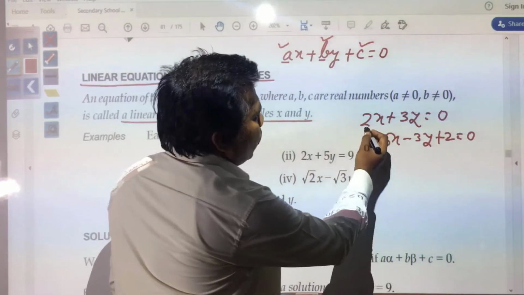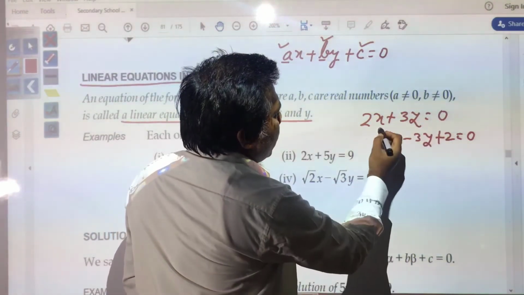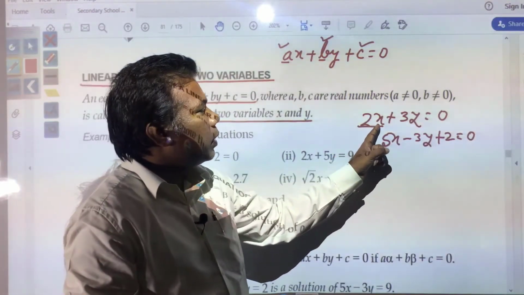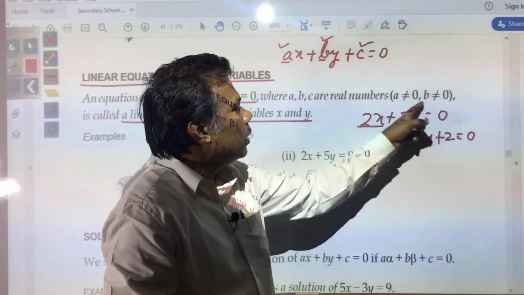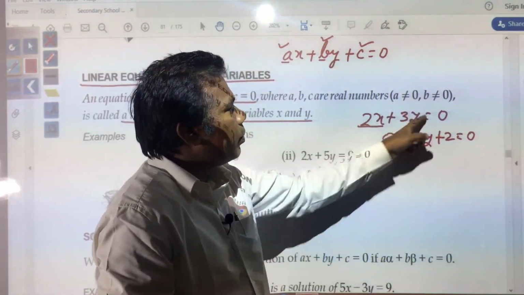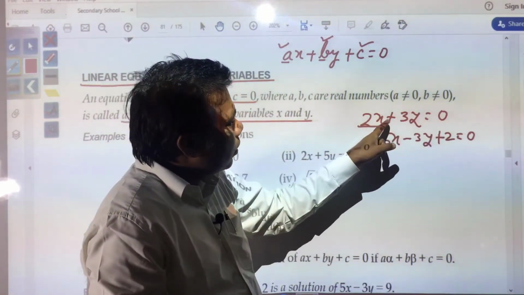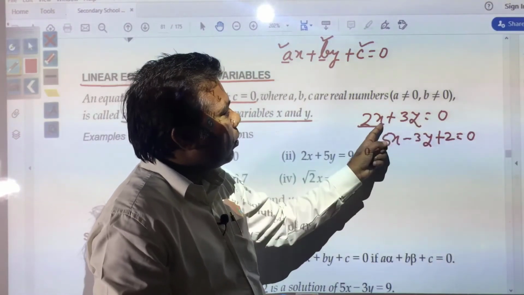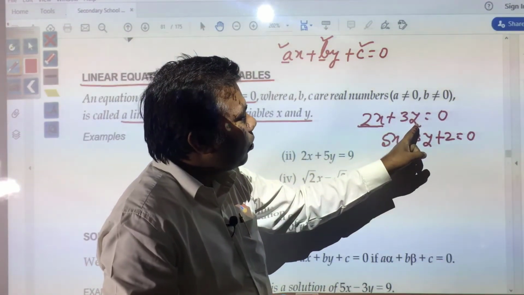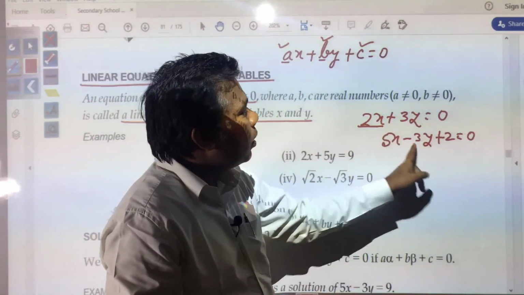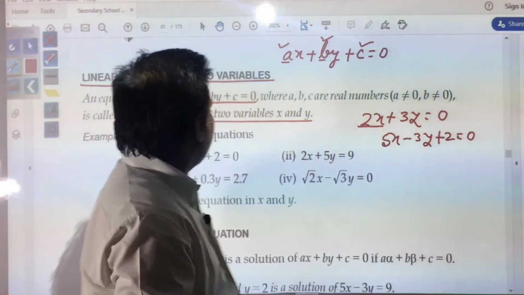Suppose you are writing 2x plus 3y is equal to 0, it means now you do not know what values we will put for x and y so that when you simplify this equation you will get 0. So, the value of x will vary over here, and for y also the value will vary. So, these will be called variables, x and y.